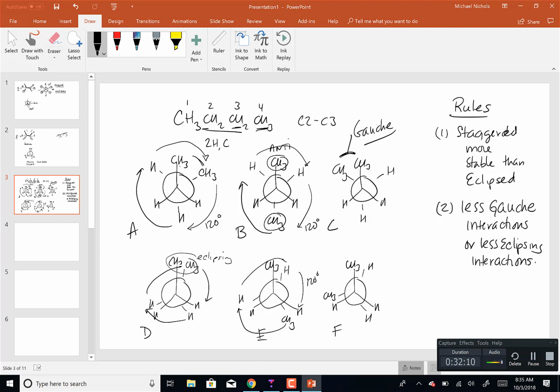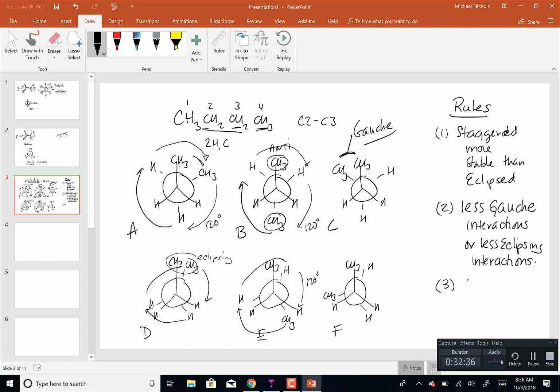And these rules are going down according to sort of priorities, but they're getting more detailed as they go down. So rule number 3 then is that when we're looking at gauche or eclipsing interactions, the bigger the groups, the more unstable the interaction.